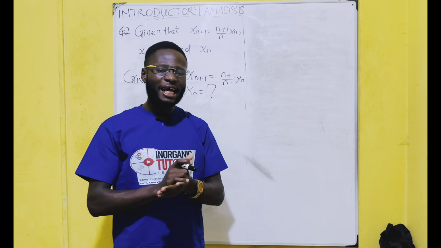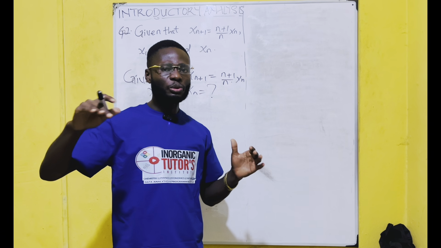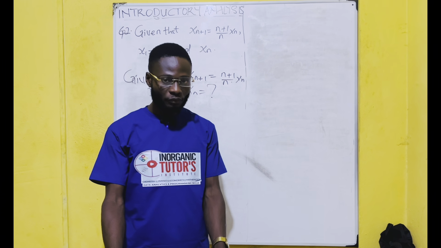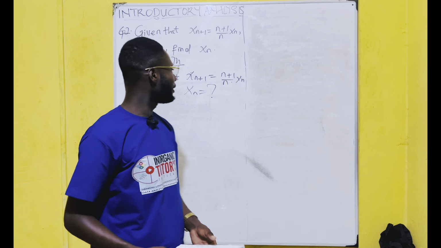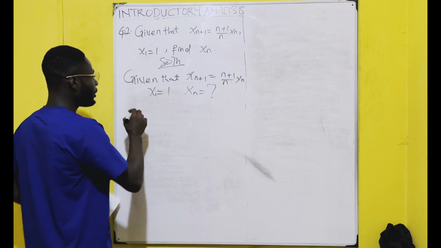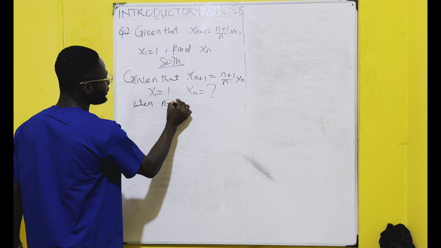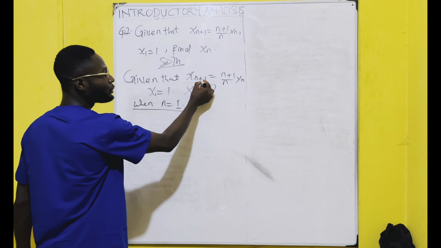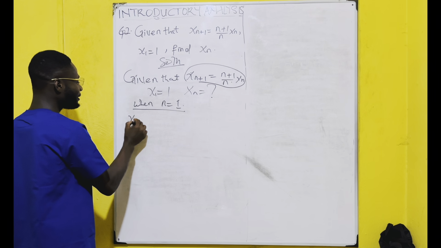Now we can't know the n of Sn, so we will do up to some point, then we end it there. Let's say we will do up to S5, then we end it there. So first of all, let's consider when n is equal to 1. If n is equal to 1, we substitute into the equation that we were given.